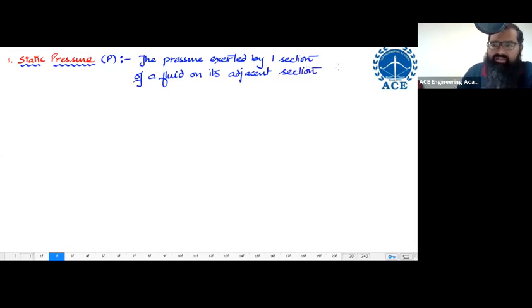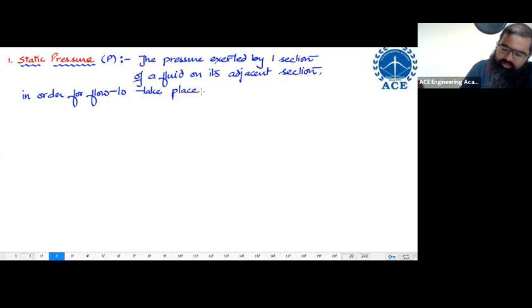Now, why is it exerting this? In order for flow to take place. The pressure exerted by one section of fluid on its adjacent section in order for flow to take place is known as static pressure. Keep it. This is the first thing.